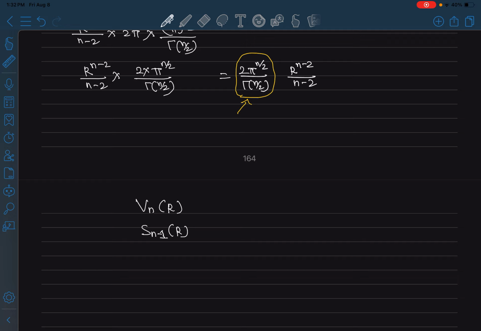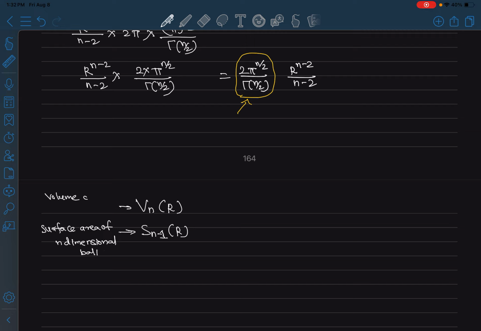You don't need r because r is just capital R. So you just need two things. That's why that surface is two-dimensional, even though the ball is three-dimensional. So that's what I mean. So even though this is the surface area of an n-dimensional ball, we give n minus 1 as its subscript, and this is the volume of an n-dimensional ball. Okay, volume of n-dimensional ball.